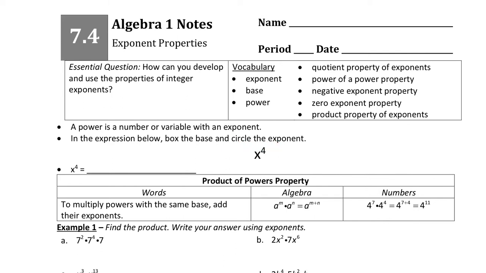So the base is the variable here, the x, and we want to circle the exponent, so that's the 4. The base is whatever is being multiplied repeated times. And speaking of multiplied repeated times, remember that an exponent shows repeated multiplication.